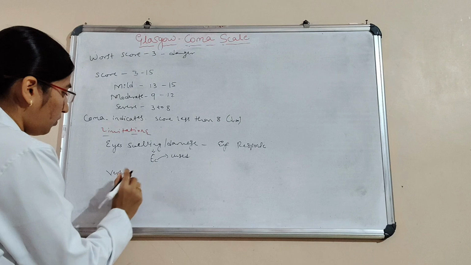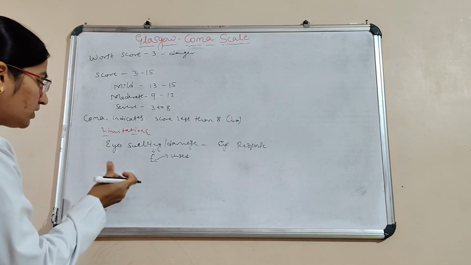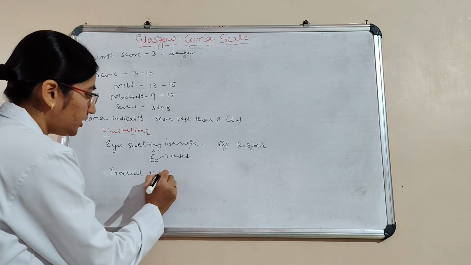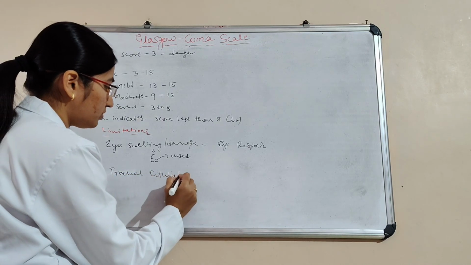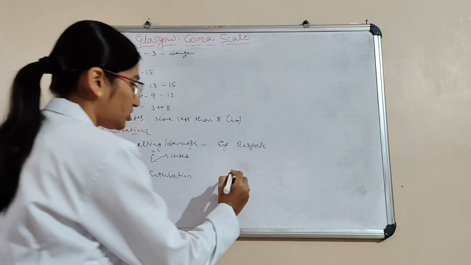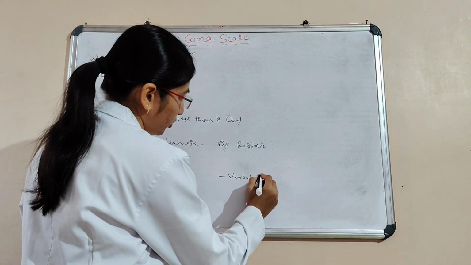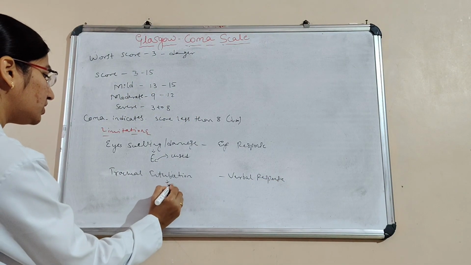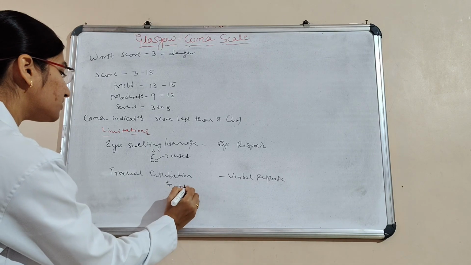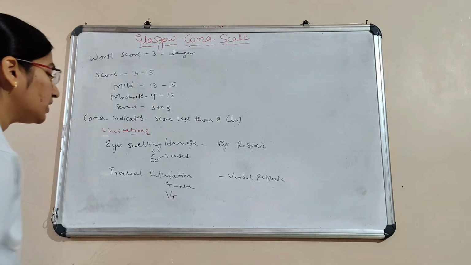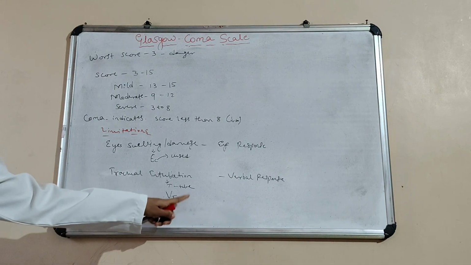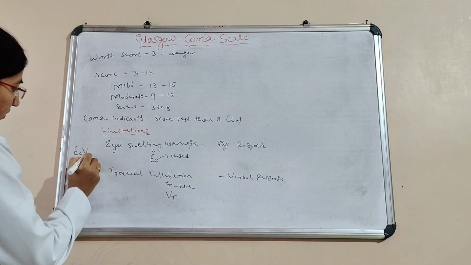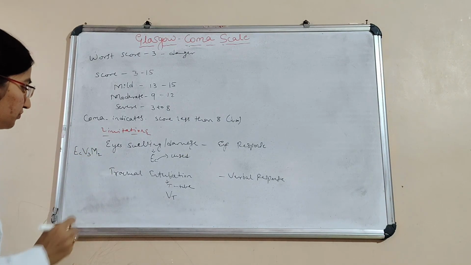The next one is tracheal intubation. This is a verbal response. What happens here? This intubation, that is a T, that is the tube. It refers to tube, that is VT, verbal intubation. Here verbal response, that is E C V3 M2.